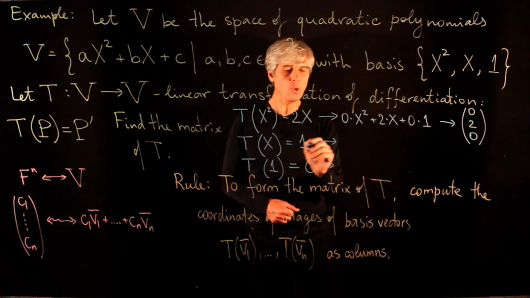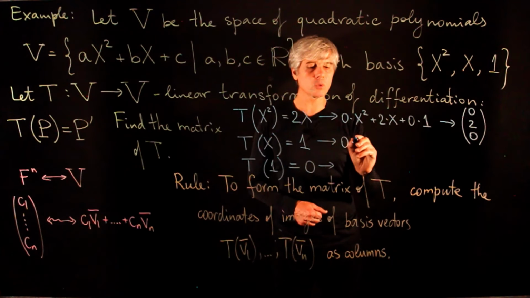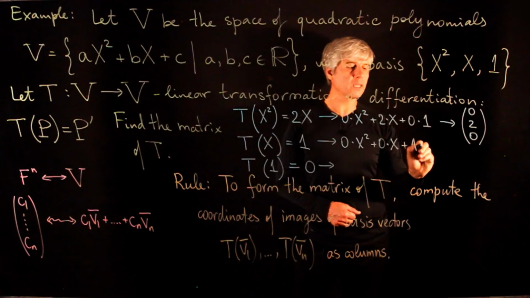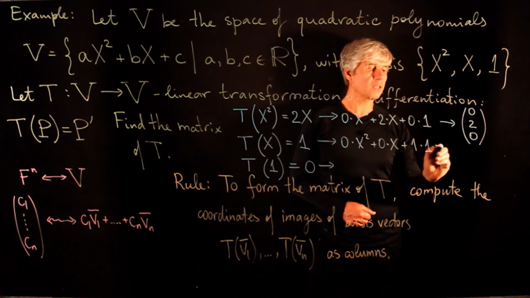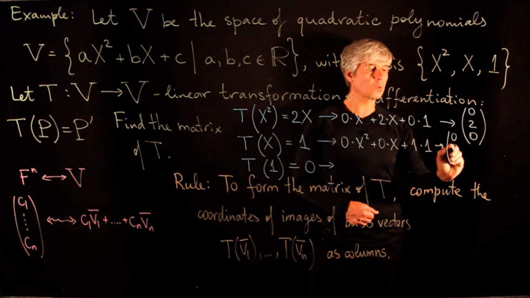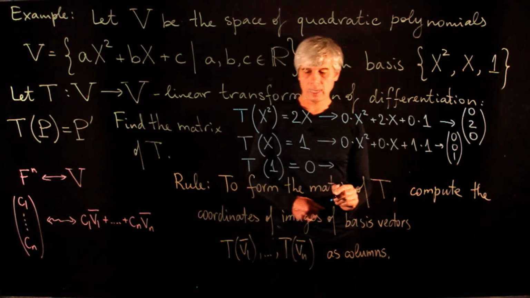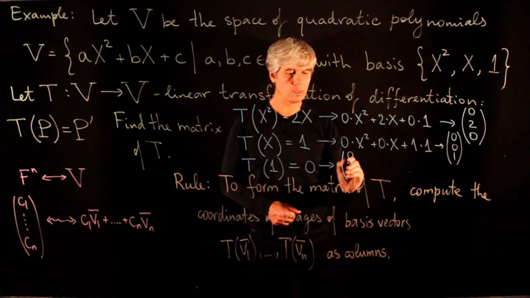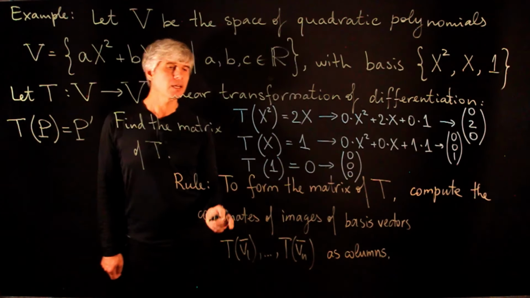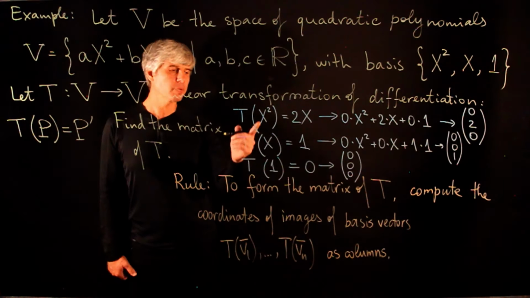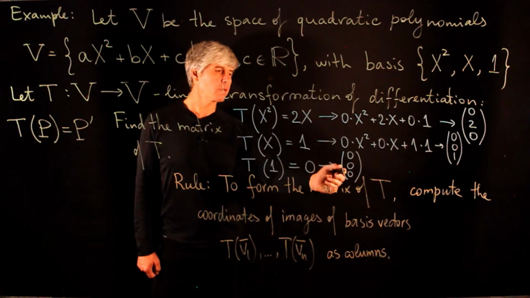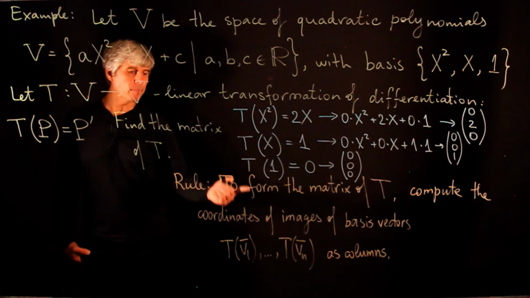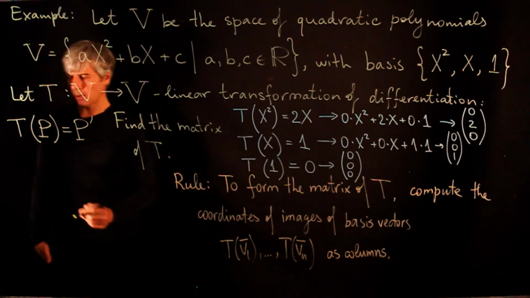Likewise, 1 can be written as 0 times x squared plus 0 times x plus 1 times 1. So this gives us a vector 0, 0, 1. And finally, this 0 is the vector 0, 0, 0. Having calculated the images of basis vectors and converting them into columns, we can write down our matrix, following our rule.